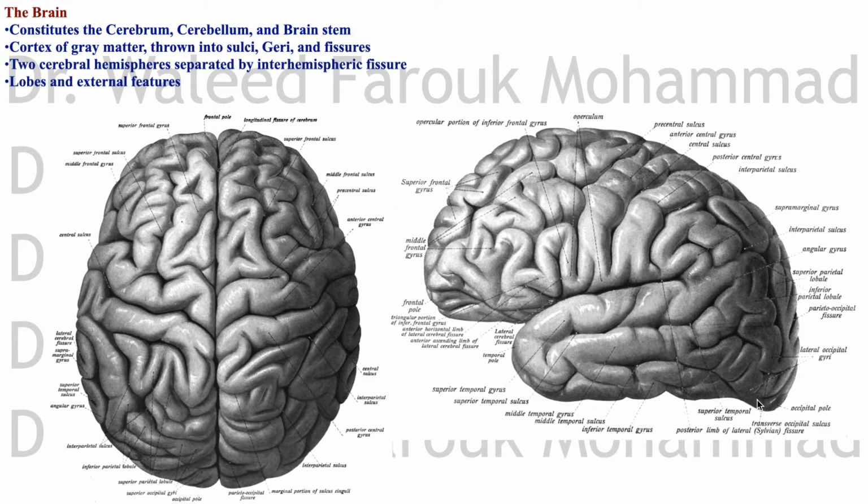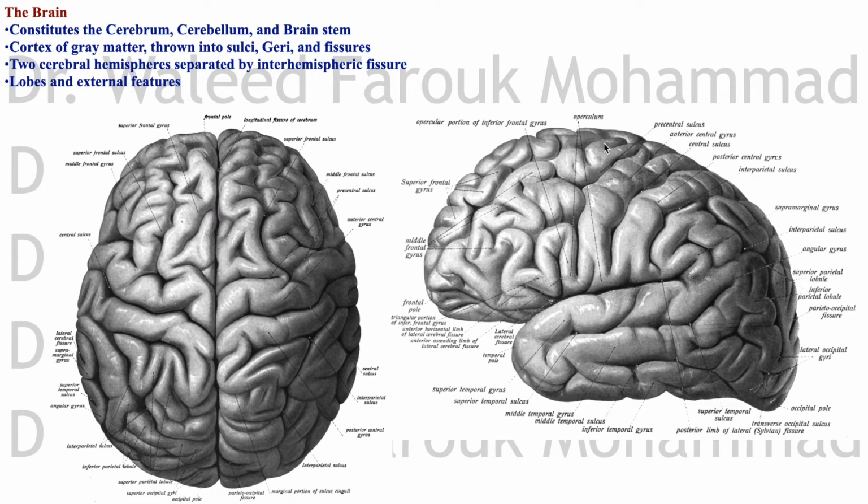Okay, now to subdivide each lobe, in the frontal lobe, the first gyrus in front of the central sulcus, it's called the precentral gyrus. Okay, this is called the precentral gyrus. And you can divide the rest of the frontal lobe into superior, middle, and inferior gyri. Arc-shaped.